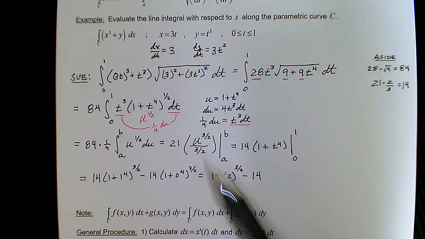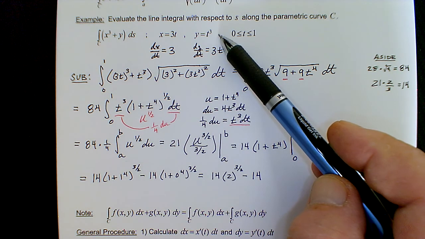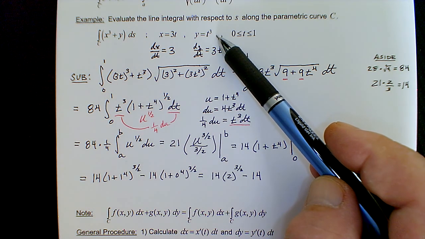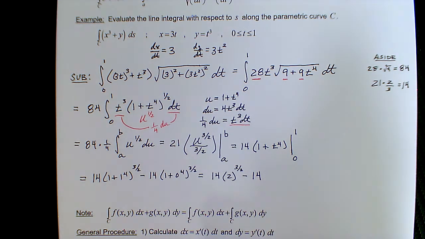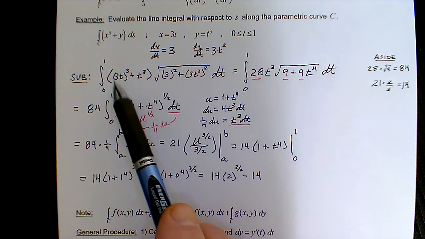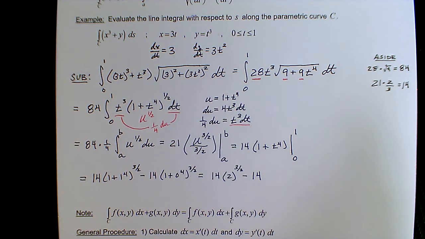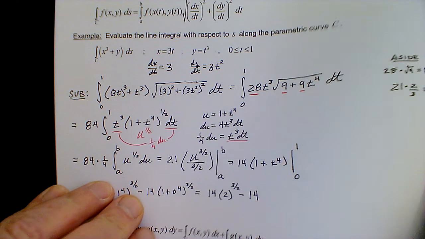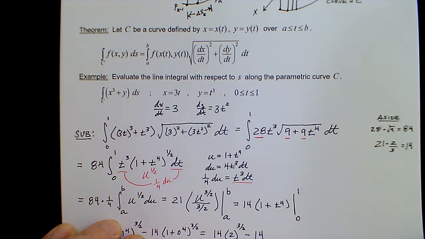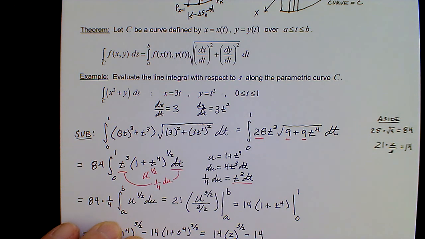But if x and y are both given as functions of t, as we had in this last example, we're going to calculate the differential dx and the differential dy, and then make our substitutions for x, y, dx, and dy, just as we did in this step here, and also use the limits of integration, and then we just integrate. So it's almost intuitively obvious, but just thought I might state some general procedure there.